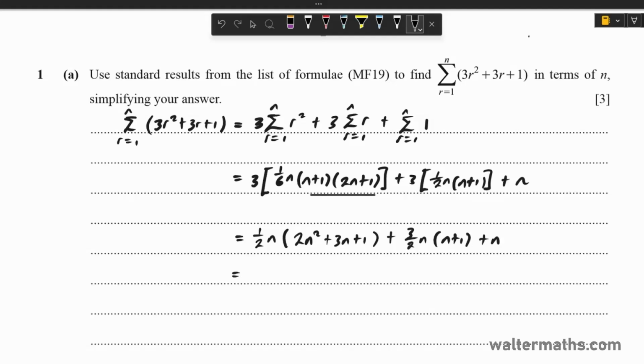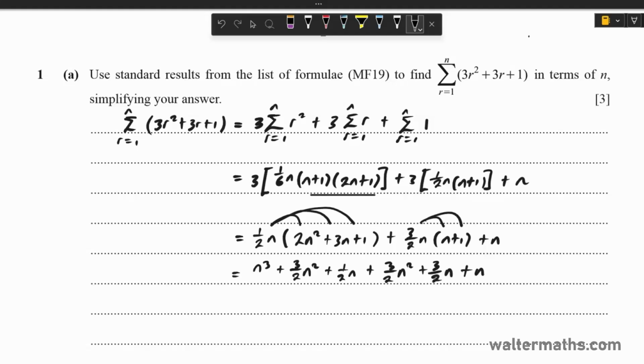So this here, half n times 2n squared gives us n cubed. Then half n times this gives us 3 over 2 n squared, and times this gives us half n. Alright, and it's plus this multiplied by this, we get 3 over 2 n squared, and by 1 we get 3 over 2 of n, and it's plus n.